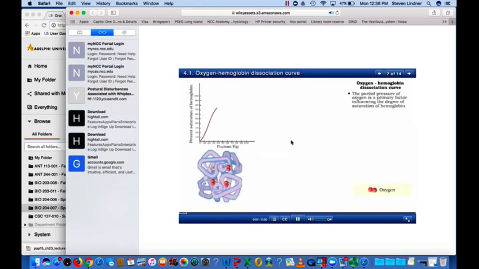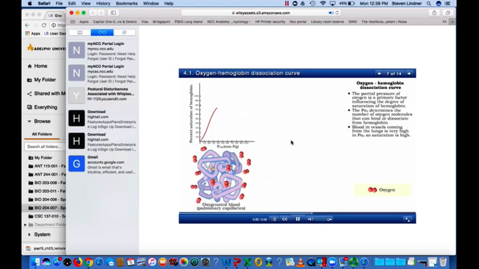A key factor influencing the production of oxyhemoglobin is the partial pressure of oxygen. The partial pressure of oxygen determines the number of oxygen molecules that can bind, oxygen loading, or dissociate, oxygen unloading, from hemoglobin. Blood in vessels coming from the lungs is very high in oxygen partial pressure, so saturation is high.